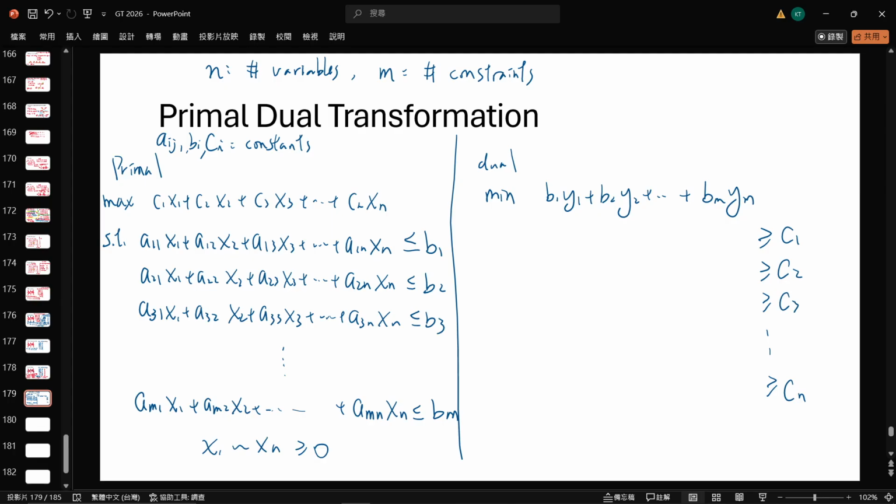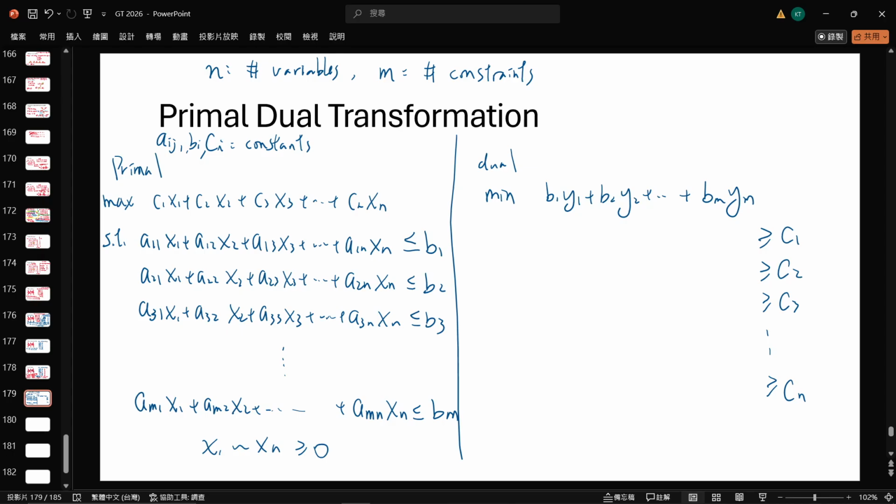So these are the right-hand sides of the constraints. Now for the left-hand side, it's just the coefficient of x1 in the weighted combination. So you have to figure out what's the coefficient of x1 when you multiply y1 into the first constraint, y2 into the second constraint, and so on.